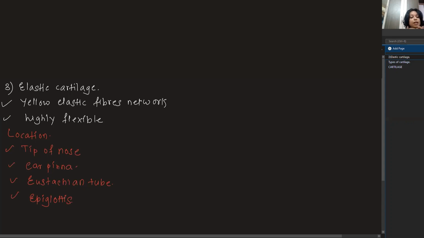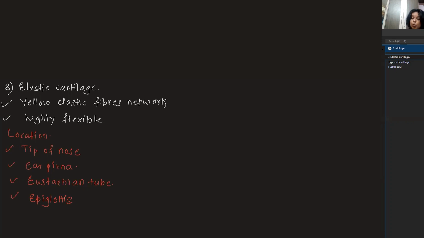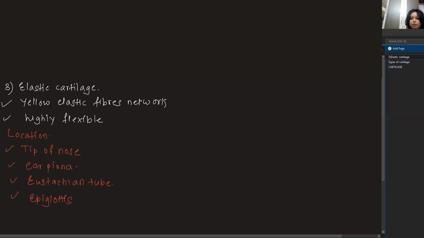Epiglottis is elastic cartilage that makes up a sound box. The sound box that is called larynx is made up of total 9 cartilages. One of the cartilages is epiglottis. And epiglottis is elastic cartilage.